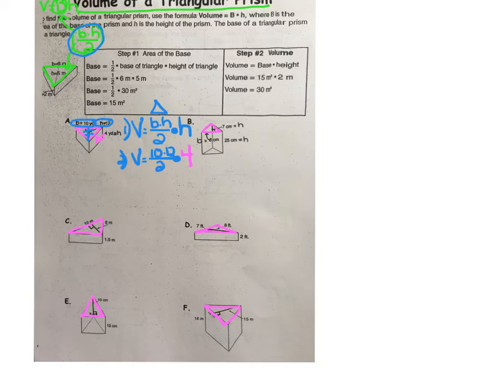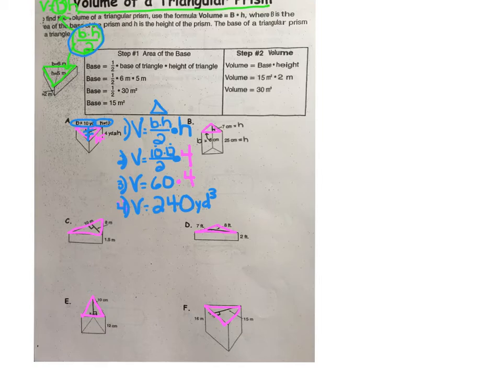Let's start by calculating the area of that triangular base. 10 times 12 is 120, but cut in half means that's 60 times 4. 60 times 4 is 240 cubic yards.